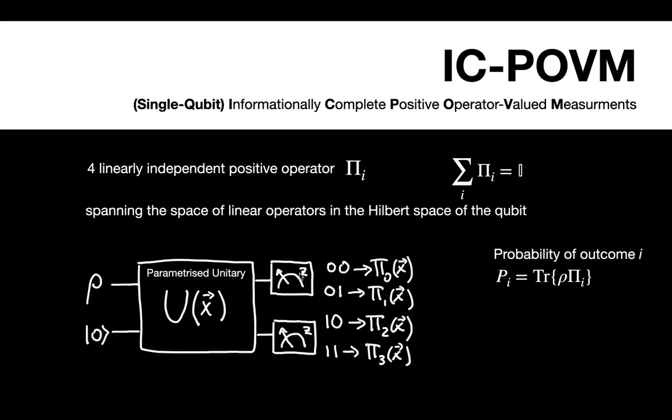And then eventually one makes local measurements on the 2 qubits. So I will associate to 00 the effect Π_0, 01 Π_1, 10 Π_2, 11 Π_3. These are of course measurements of each of the qubits in the computational basis.